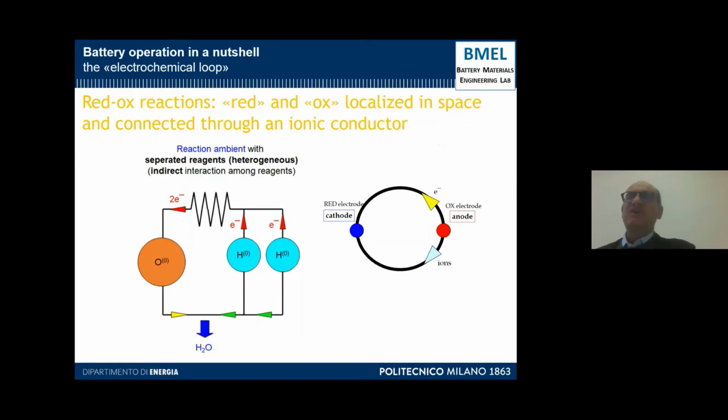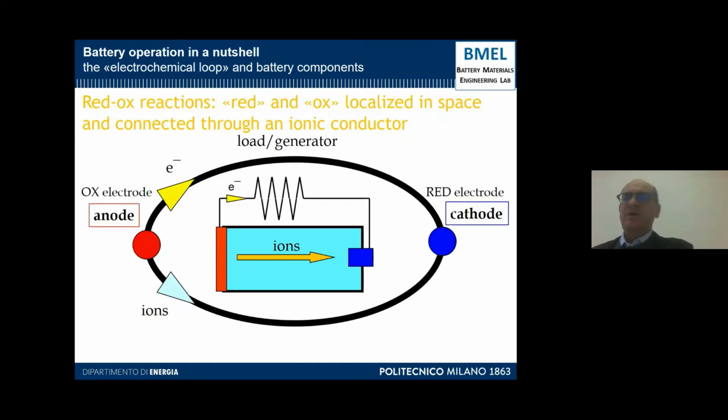So a redox reaction running in the electrochemical way, that is, with spatially separated red and ox sides, can thus be described in electrical terms by means of a loop, consisting of an electronic and an ionic branch, the latter called electrolyte, joined by 2 points at which electronic charge carriers are exchanged for ionic ones.